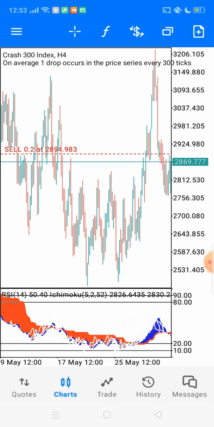You want to look at the second rule, which is know the area where you want to trade from. Have an area in mind that, this is the area where I want to be entering this market from. I believe we all know that for the crash markets, if you are trying to catch spikes, you want to be selling.